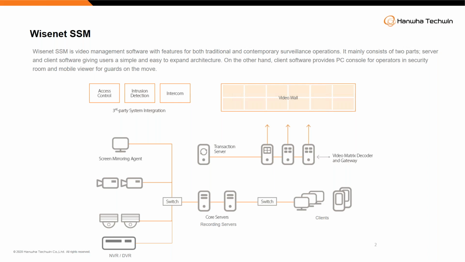So you have three options: NVR, no license. If you buy our recording server, which we have already pre-configured and pre-licensed, no additional license is required. A third option is license based, where you're buying only the camera, and everything else, recording server, storage server, from a third party, and you want to use our VMS software, SSM VMS.